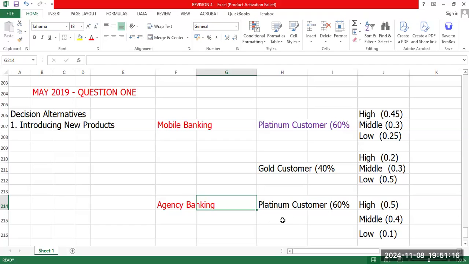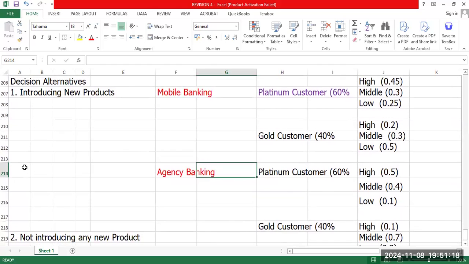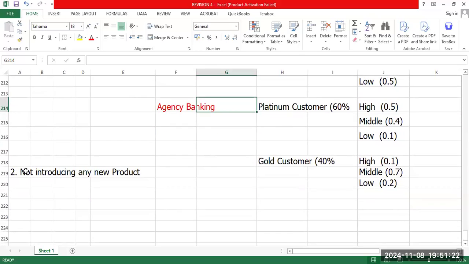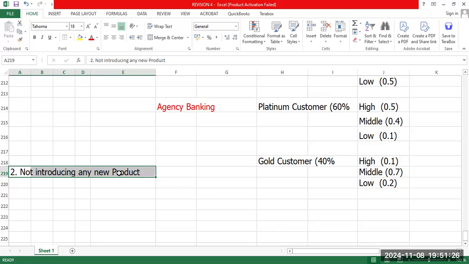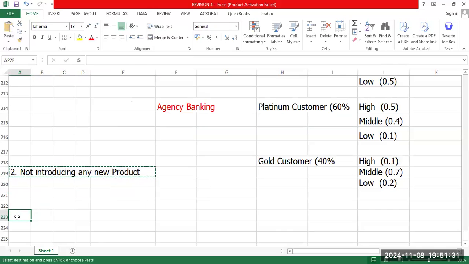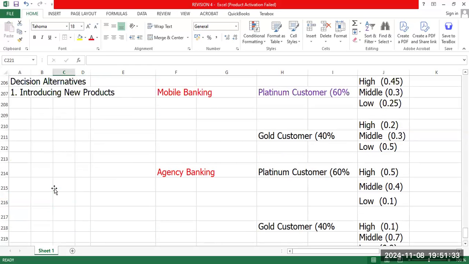Now the next part is, remember, I want to draw a decision tree. When you're drawing a decision tree, actually we have interpreted everything.